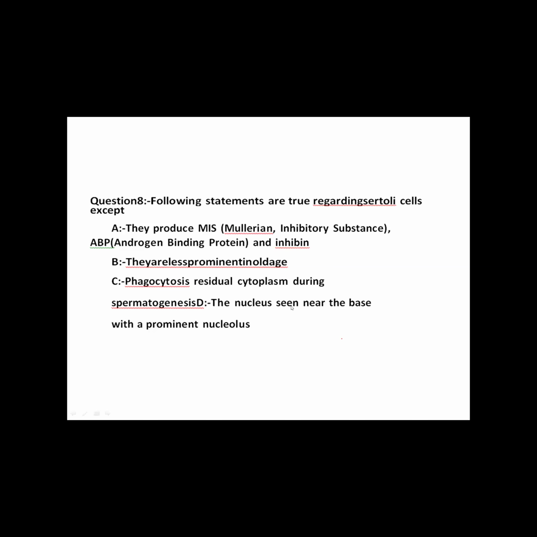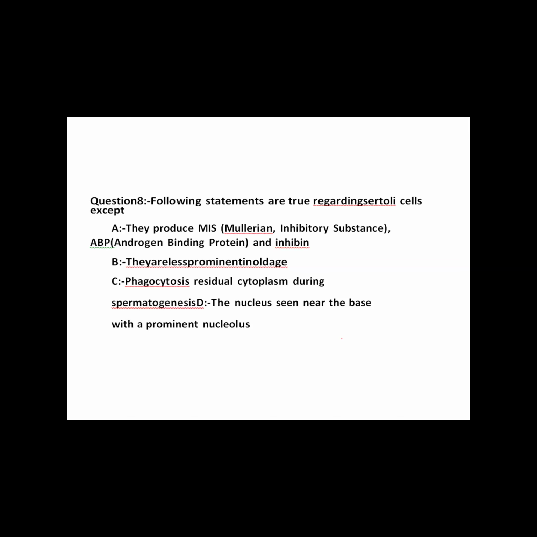Okay. Then it produces Mullerian inhibitory substance and androgen binding protein. B, they are less prominent in old age. Then C, phagocytosis of residual cytoplasm during spermatogenesis.